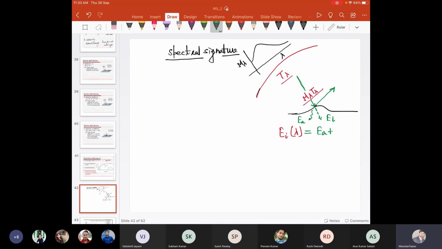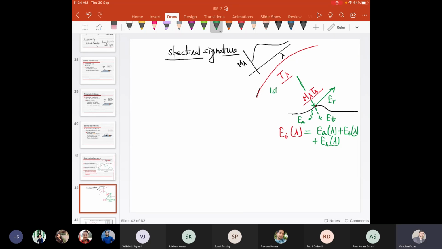Now we have a transmitted component and a reflected component. So EA, again a function of wavelength, plus E transmitted, a function of wavelength, plus E reflected, a function of wavelength.